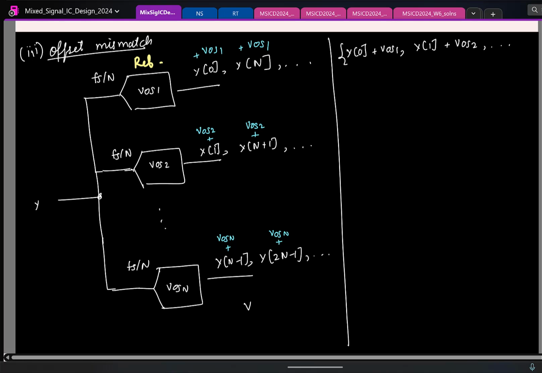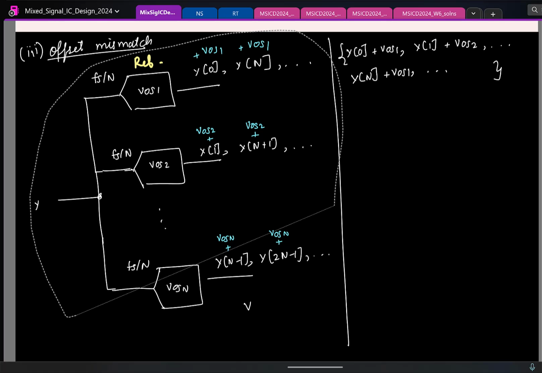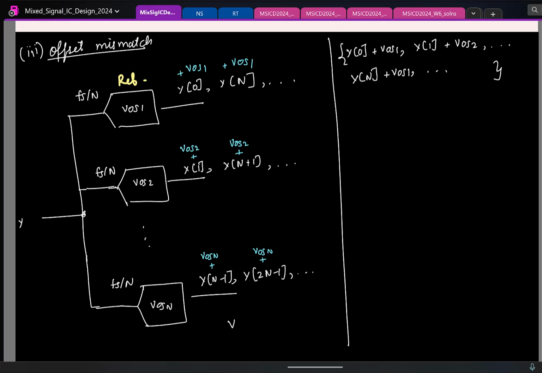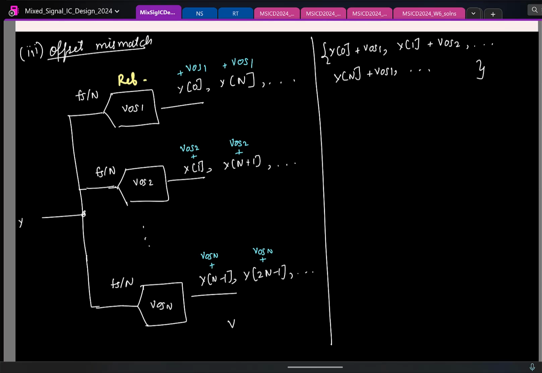And then after N samples, I'll come back here, right? So this will be Y of N plus VOS1. This is the final data I'll have when all ADCs have offsets. Things are fine till this point? Okay.